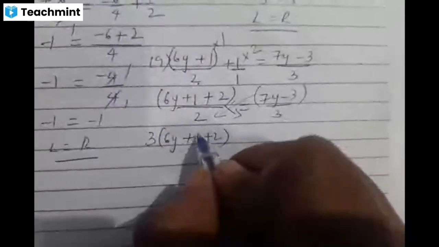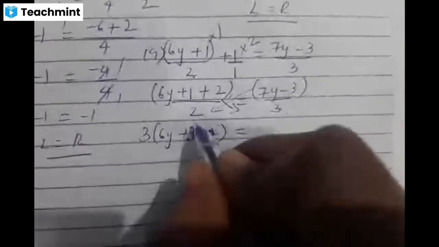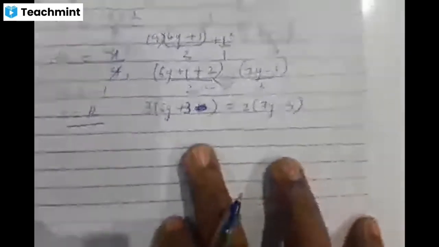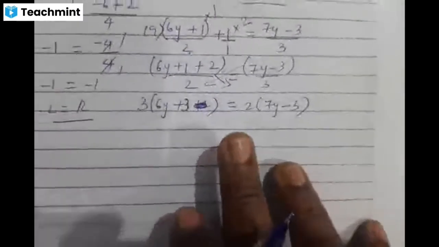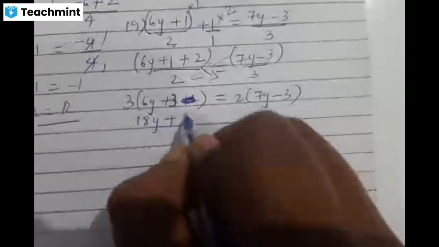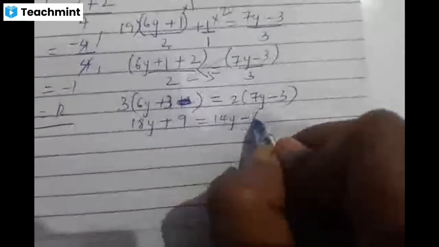We can write it as 3 here. Directly 3 is equal to 2 into (7y minus 3). Now remove the brackets. 6 threes are 18y plus 3 threes are 9. 2 sevens are 14y minus 3 twos are 6.